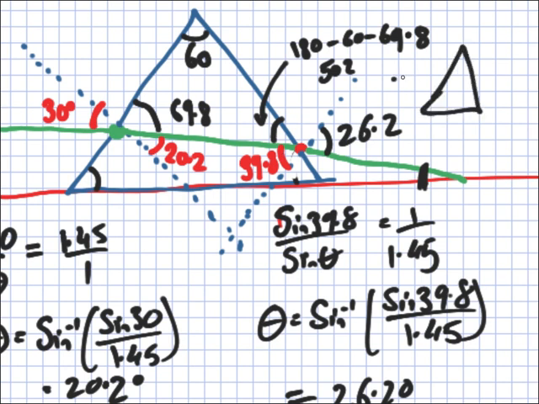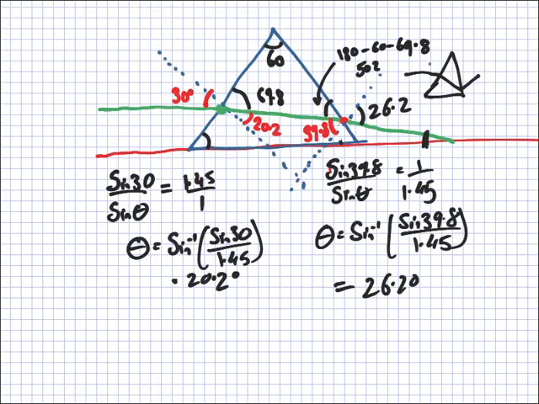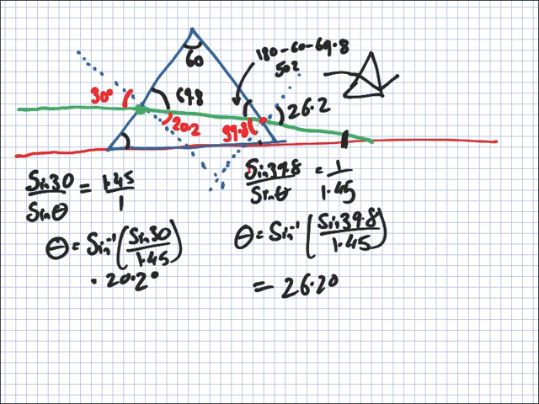Maybe it goes like this. Maybe I have it wrong, my picture. So what I'll do, I'll change the question. So my question now is, at what angle does it leave the prism?